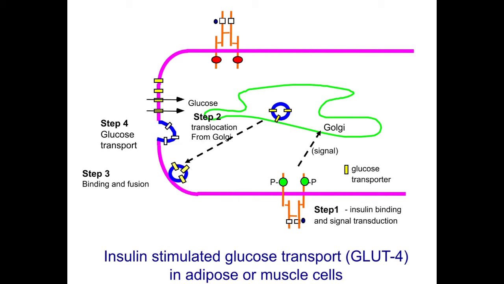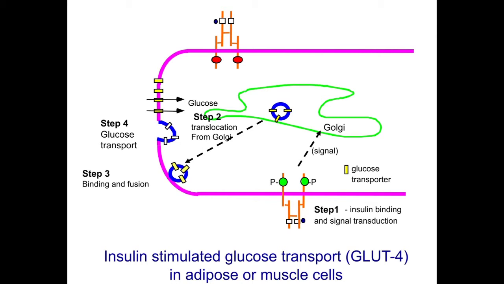And here's insulin binding to its receptor on the extracellular surface. The first thing that's going to happen, as we said, is to activate the tyrosine kinase activity of the receptor, which will then phosphorylate other protein substrates in the cell, generating this cascade of events.